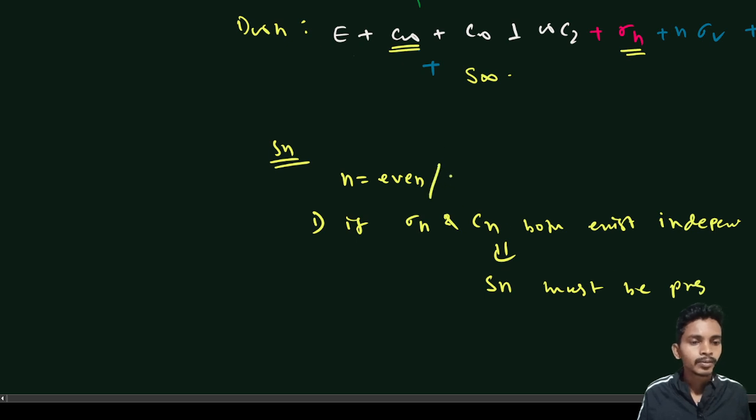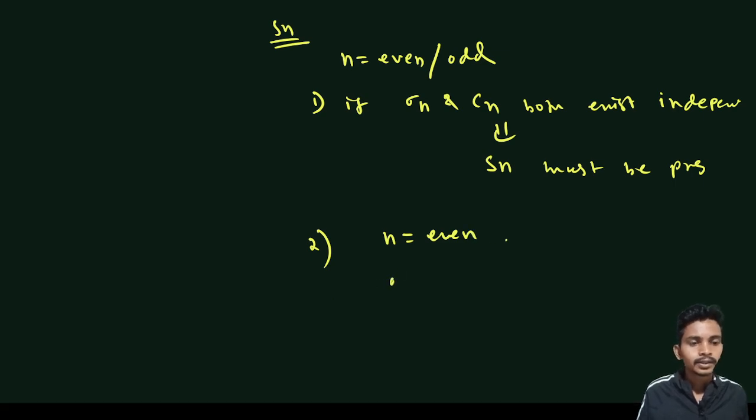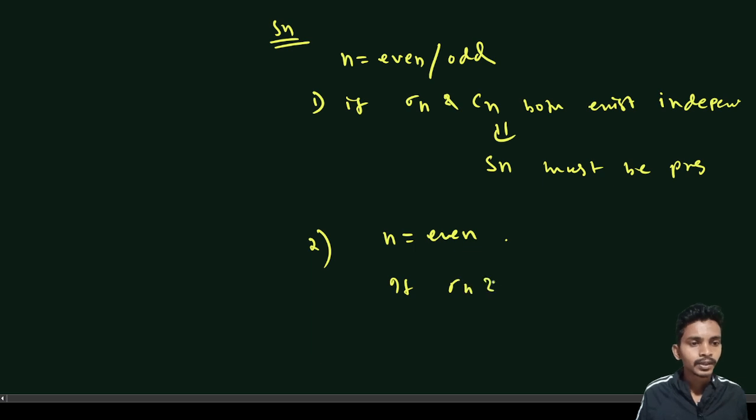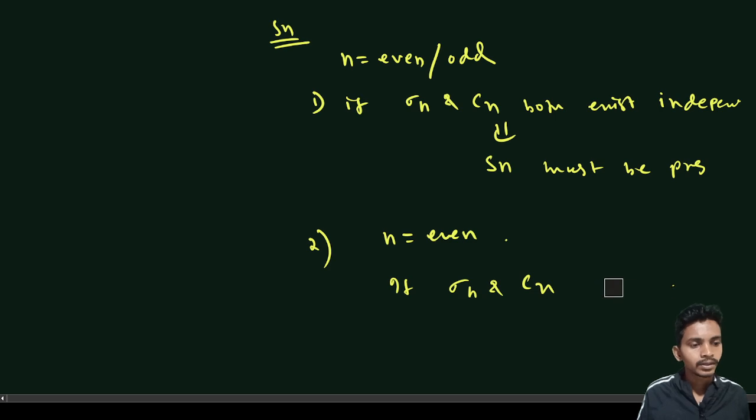This is n equal to even or n equal to odd. This is the first condition we have seen, and the second condition we have seen is that if n is even, then sigma h and Cn both do not exist independently, so Cn always exists, right?